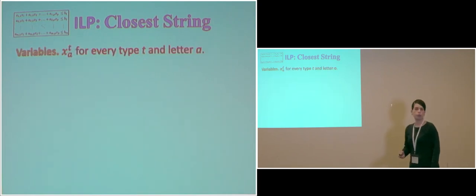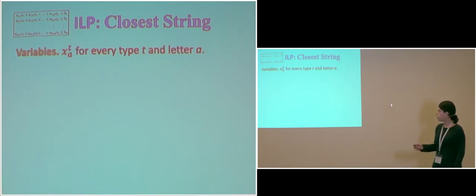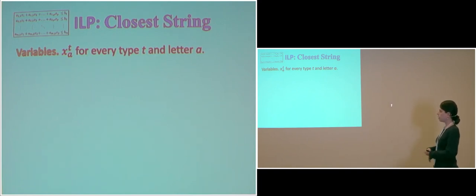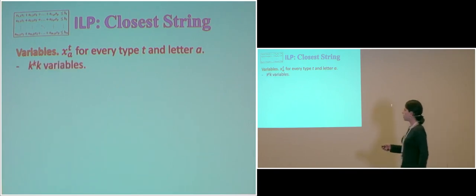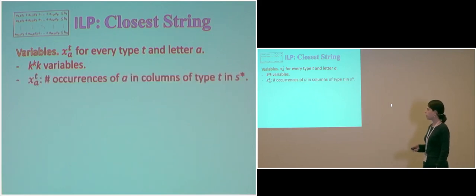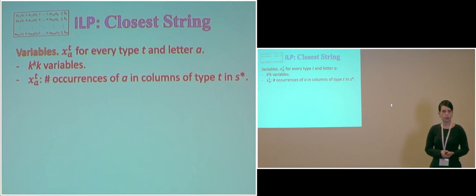So what kind of variables are we going to use? We have a variable xta for every type T and every letter A. Okay? So we have k to the k times k many variables, because we've just said that we have k to the k many types and we have k letters. But what is the meaning of these variables?